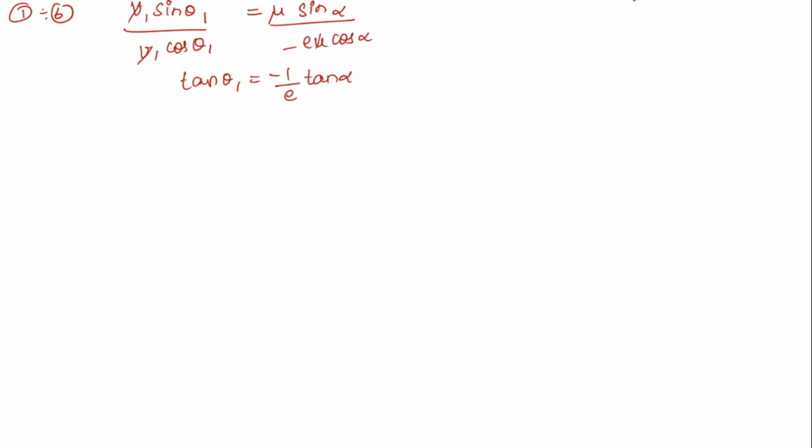And in the question they have given that alpha is equal to tan inverse of root e, right? So that I can substitute here. So it will be minus 1 by e tan of, instead of alpha I can write tan inverse of root e. So tan and tan inverse will get cancelled. You will have minus 1 by e into root e.